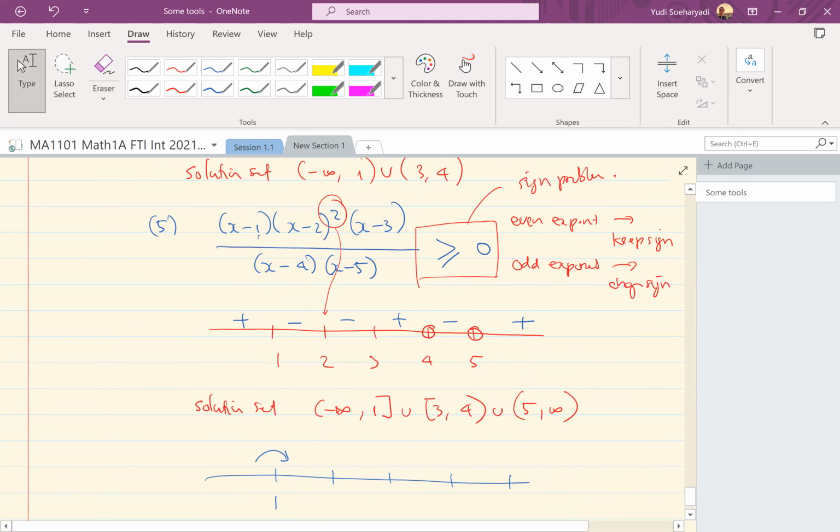The thing here is that x minus 1 has a different sign to the right and to the left. To the right it is positive, to the left it is negative. So it will change sign.